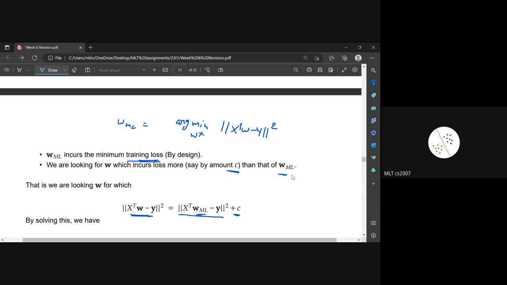So we obtained it by solving this problem. And what is this thing? This is the training loss. And since we obtained WML as the solution of this, it means that this particular W suffers the minimum training loss, and any other W will incur more loss, or at most a similar loss to this, right? It is not that another W can incur less error than this one.